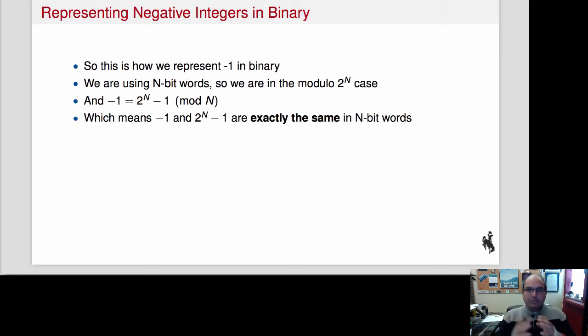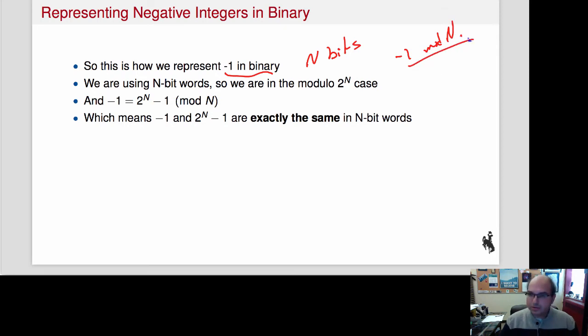Okay, so let's go back to this representation problem. How do I represent -1 in binary? So I have n bits, and what that means is that what I really want is -1 mod 2 to the n, because I'm doing modular arithmetic, mod 2 to the n. And -1 is actually 2 to the n minus 1.